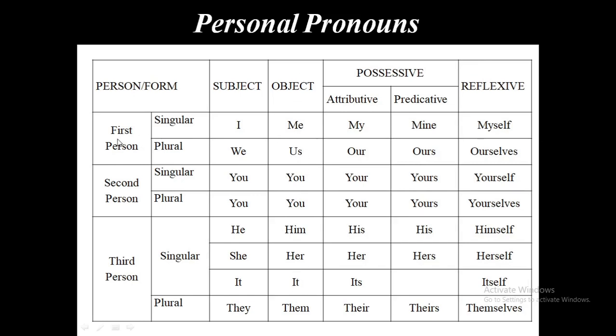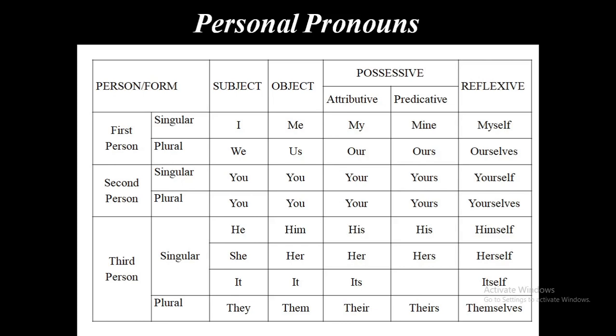First person singular objective pronoun is me, and first person plural objective pronoun is us. This is relevant when you are transforming sentences from active to passive and direct to indirect. There we change the pronouns, so you need to remember that. If he is in the subjective position, then in the objective position you need to write him.